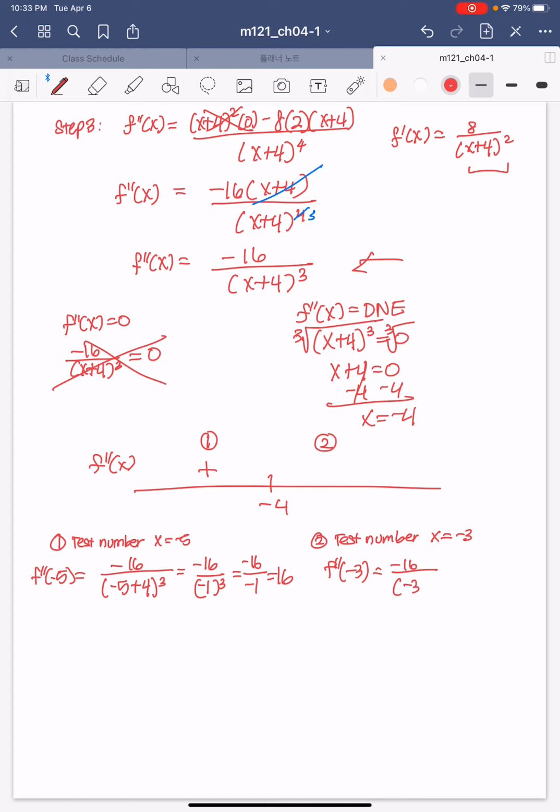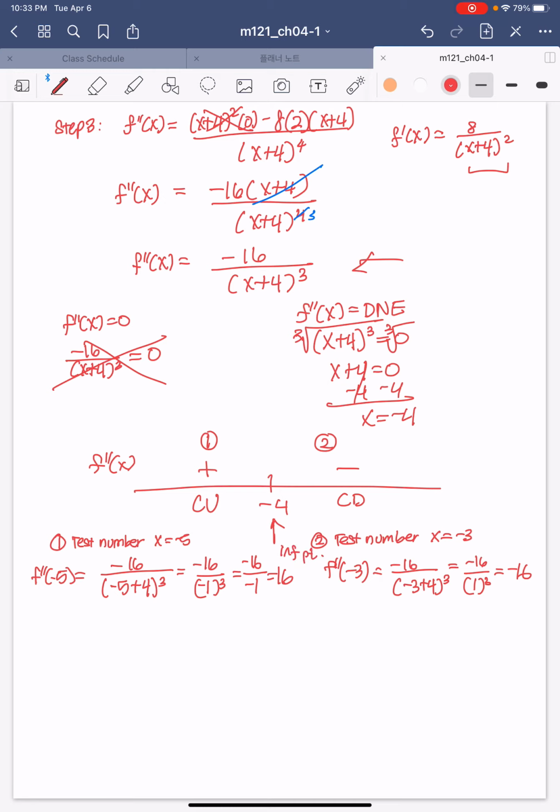So (negative 3 plus 4) cubed. So that will be negative 16 over positive 1 cubed. This time I have a negative. So positive means you have concave up, and negative means concave down. We do have a sign switch, so this is my inflection point.